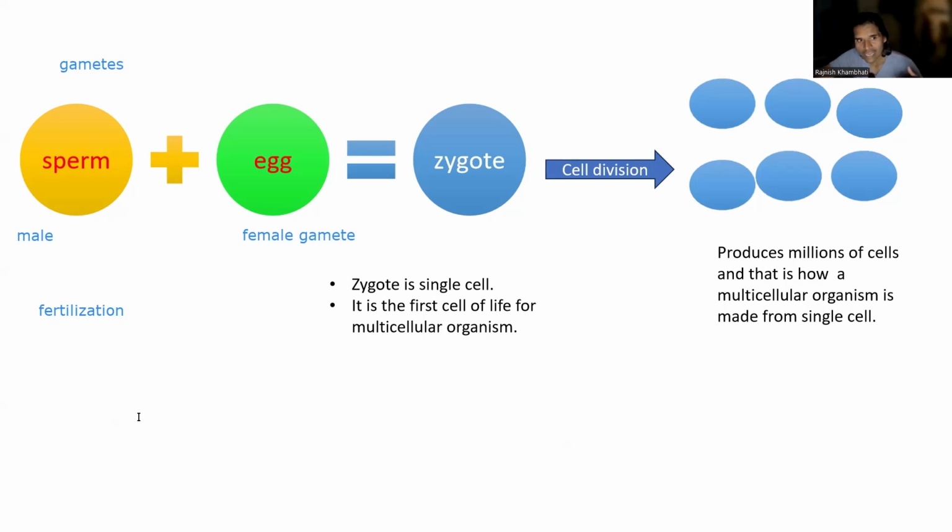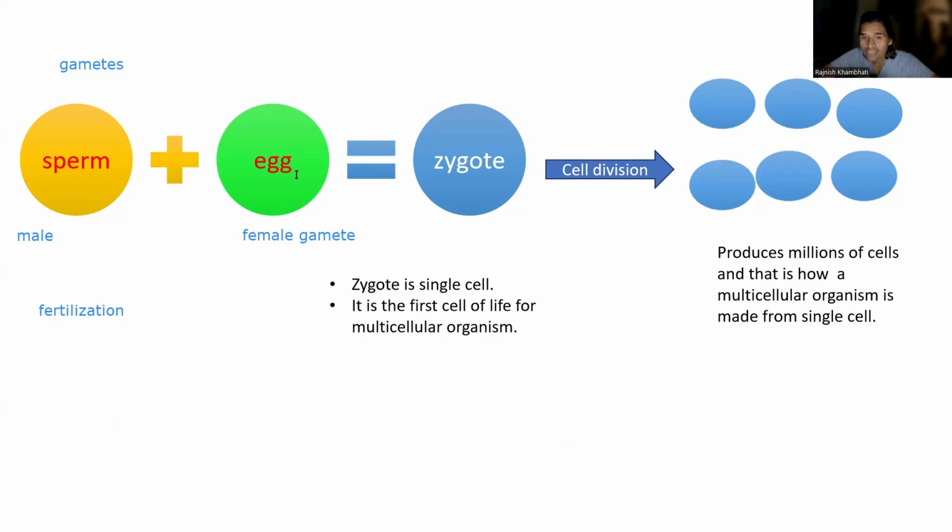A male will give its gamete called sperm and the female will give its gamete called egg. You can see the sperm and eggs here in this big diagram. Yellow color is sperm and the green color is egg. When sperm and egg fuse together, that process is known as fertilization.